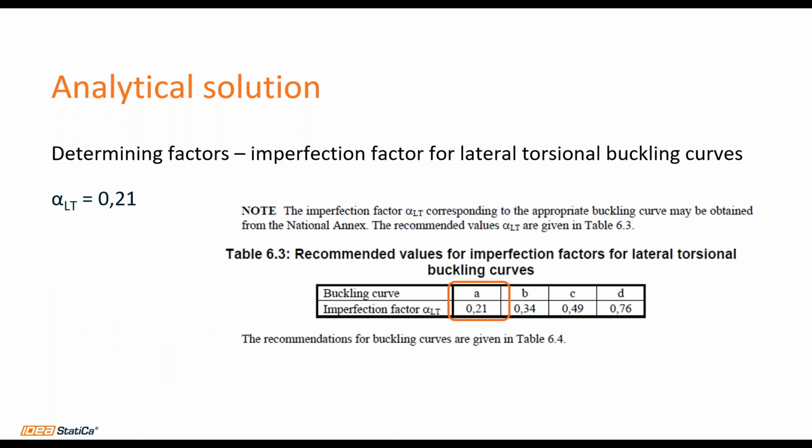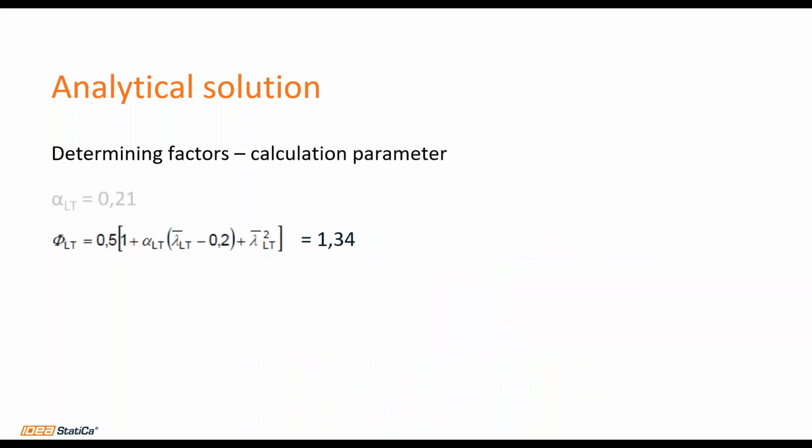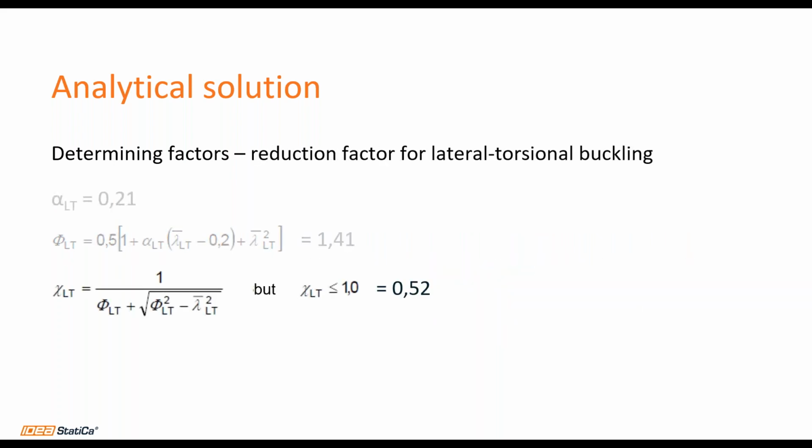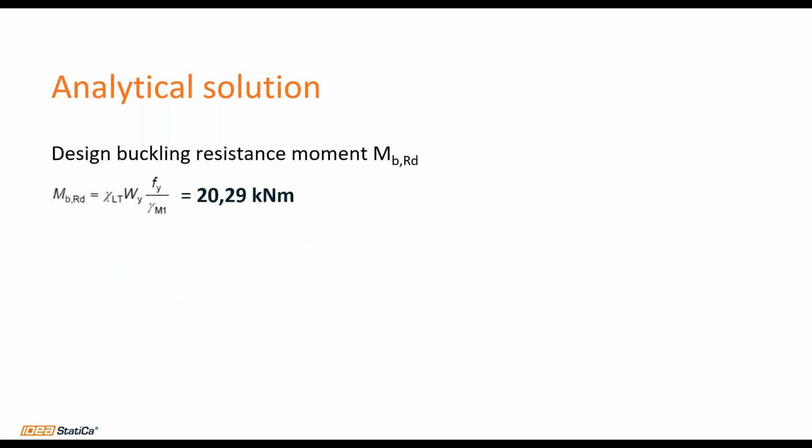Here we also have to take a look in the tab 6.3 in Eurocode to determine the imperfection factor alpha LT for the given buckling curve, and continue with those equations and calculating these parameters, HLT, and finally we calculate the buckling resistance moment.